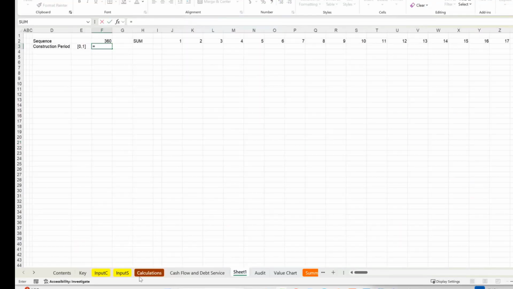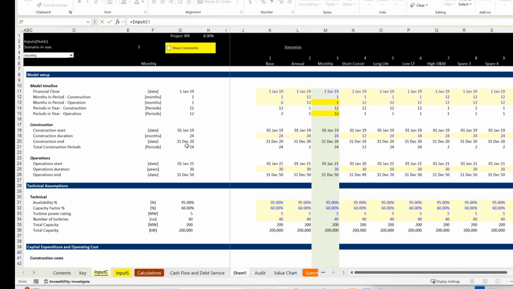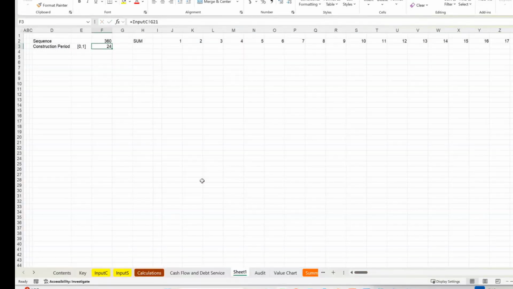We need the 24 total construction period. Exactly. And then can you just go forward and make a flag, the way I do it? Go up to the 1 is less than or equal to the 24.